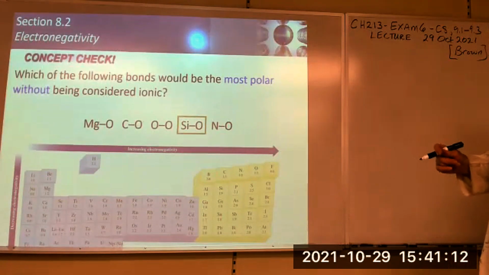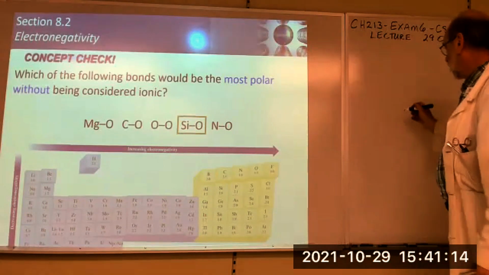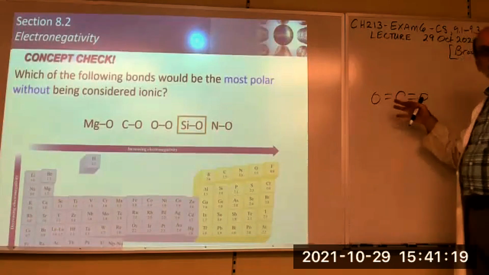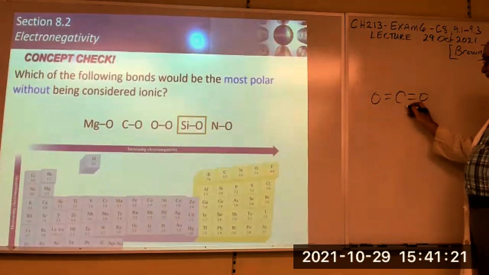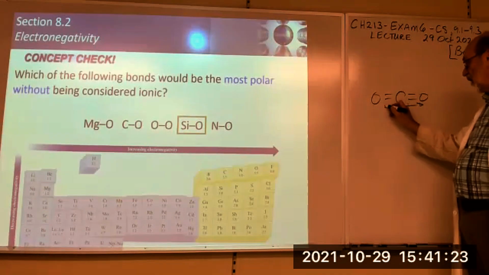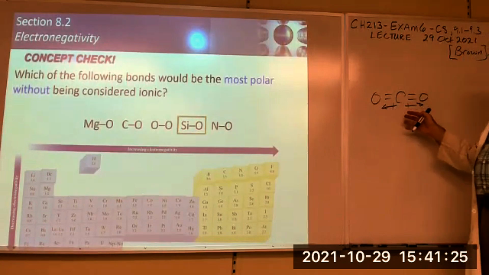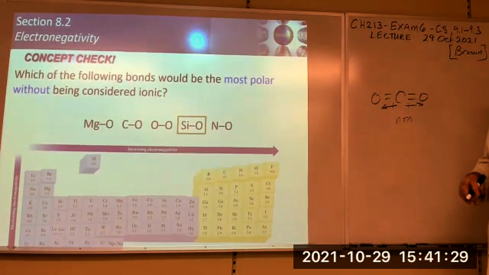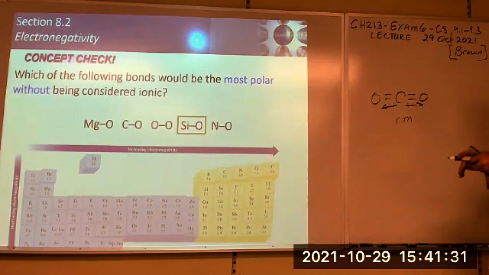If you've got two equally polar bonds, like carbon dioxide, that's a linear molecule. It may be polar this way and that way, but they're equal in strength and opposite in direction, so that's non-polar. So it gets a little more complex when you start building molecules.